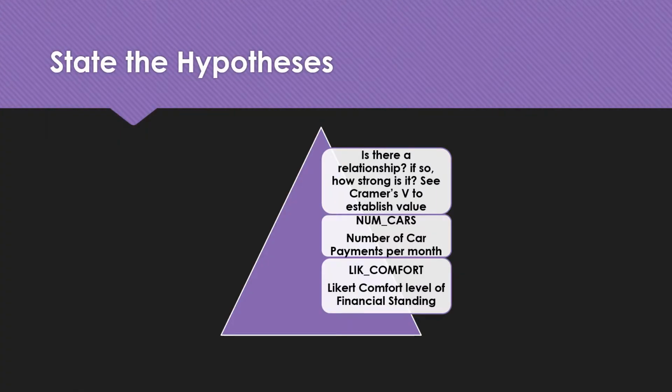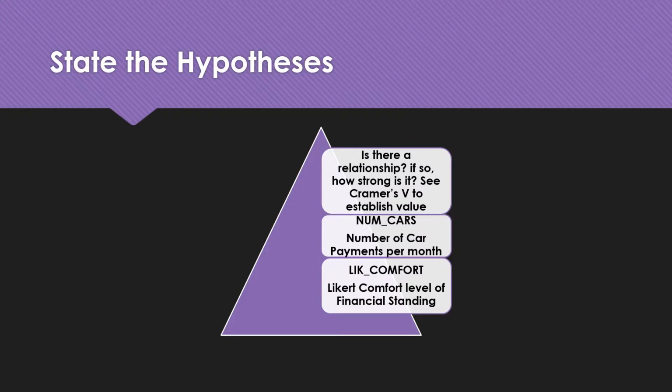Now, all this statistical talk is just an academic way of asking, is there a relationship between two variables? If so, how strong is it? The chi-square test of independence will tell us whether there is a relationship. Cramer's V will tell us how strong that relationship is, if there is a relationship to measure. The data set variables, numCars and Likert comfort, will be evaluated for a relationship.